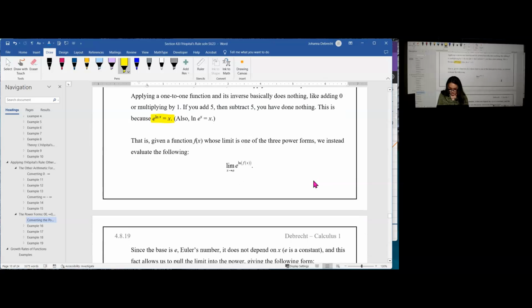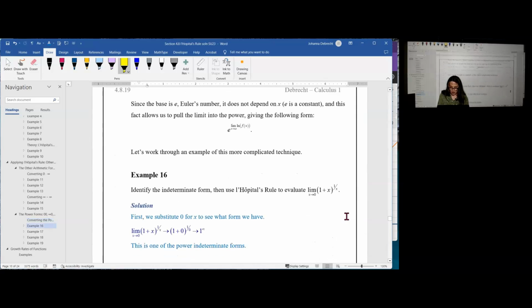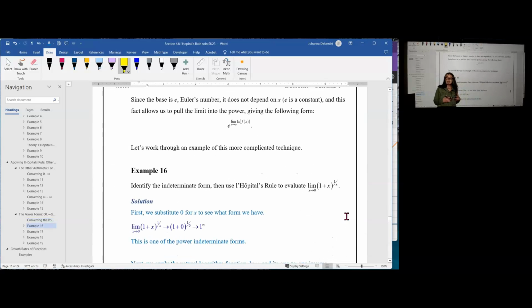Now, again, because e is a constant, e is about 2.7182818284559, etc. It does not affect the limit. The limit depends only on the variable x, and e is a constant.